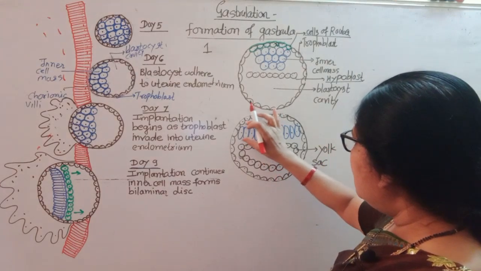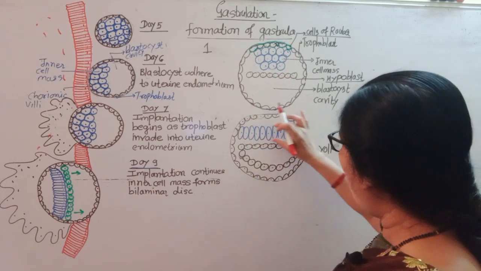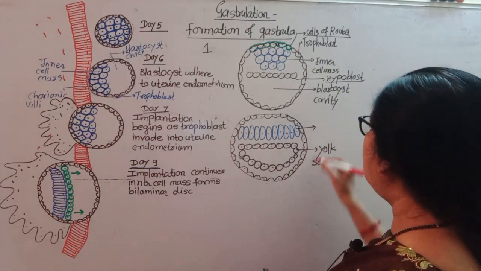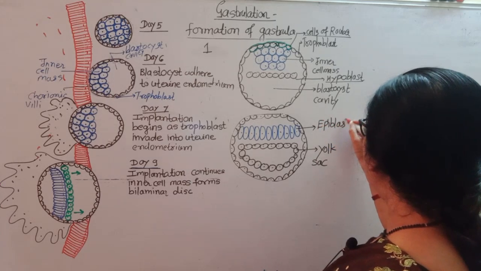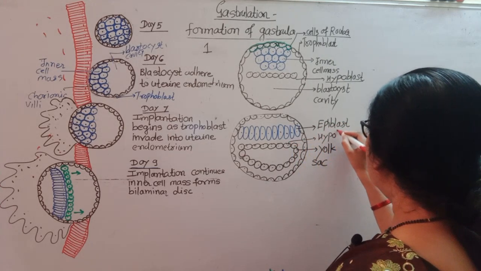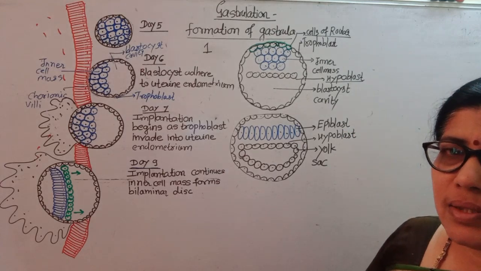The cells of the inner cell mass which become columnar and arrange like this are called the epiblast. This is the epiblast, and this is the hypoblast.